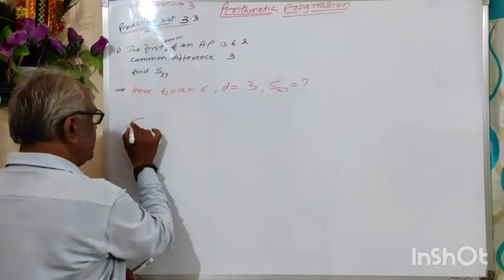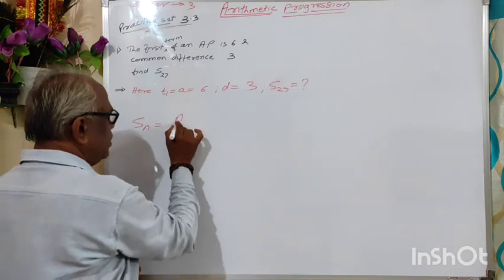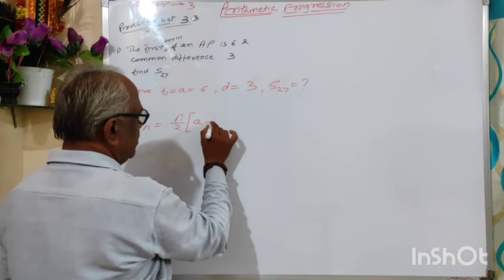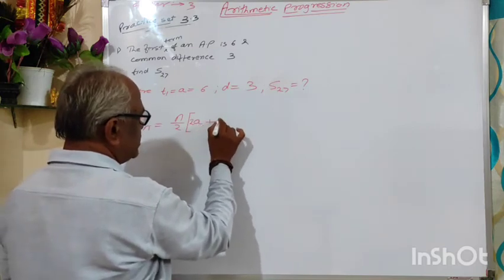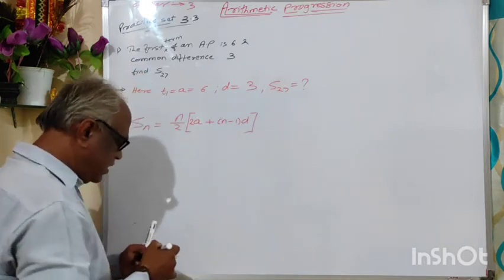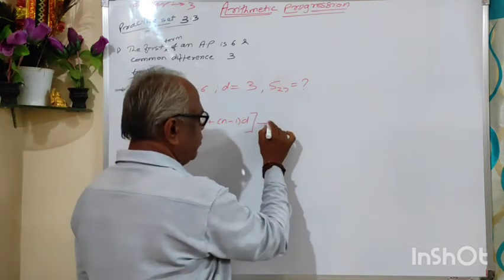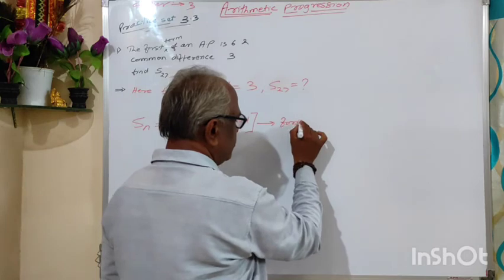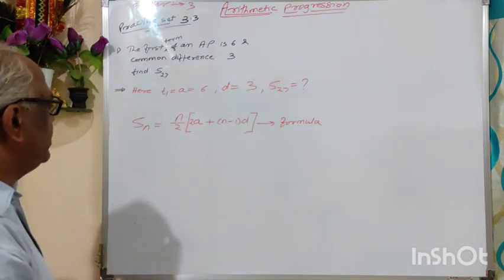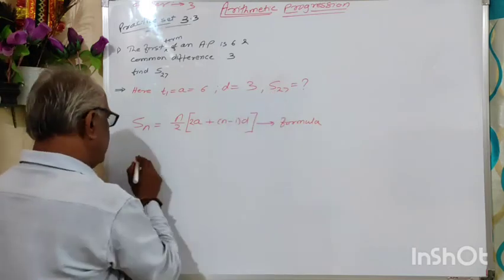We know the formula: Sn is equal to n upon 2 into bracket 2a plus bracket n minus 1 into d. This is our formula. By using this formula we are putting in the values now. The value of n is 27.